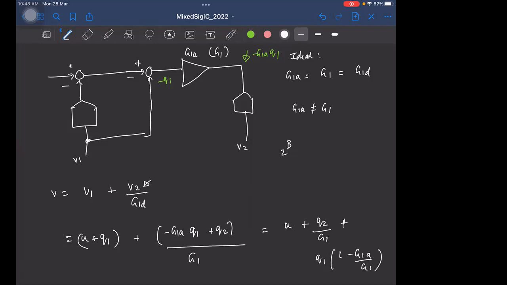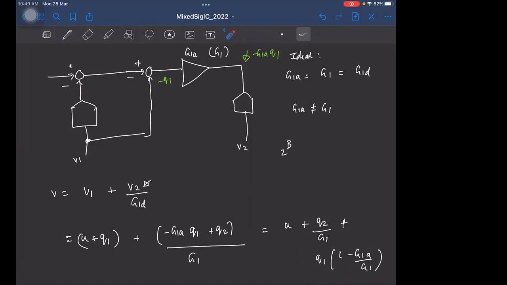Fine. So now you see that if you have a mismatch or an error in the gain you use here, the quantization noise of the ADC is not completely getting cancelled, and some of it leaks to the output, right? In some cases where the gain is very close to G1, this term might not be so high, that is, it might be less than Q2 by G1, so it might still be okay.